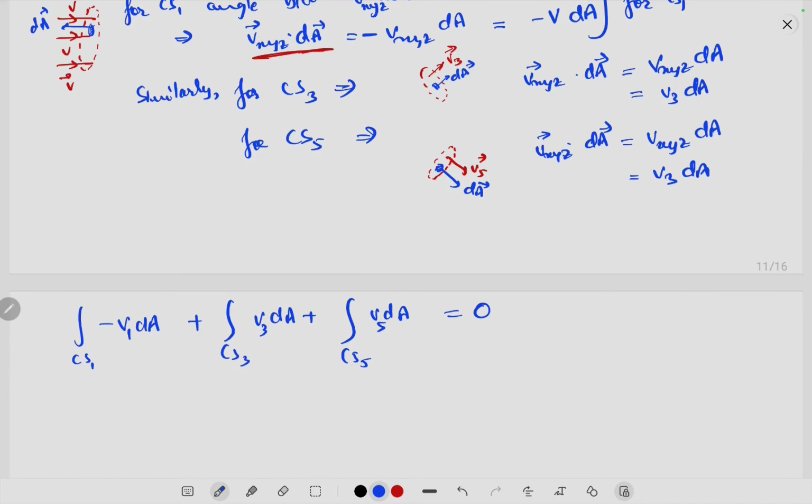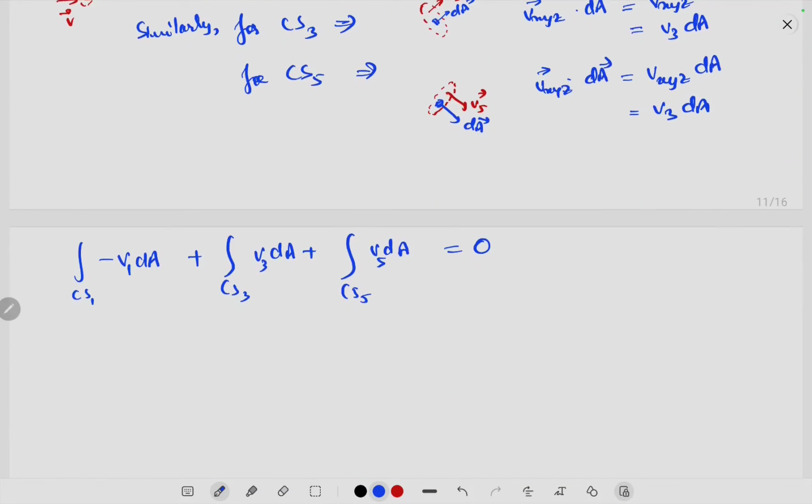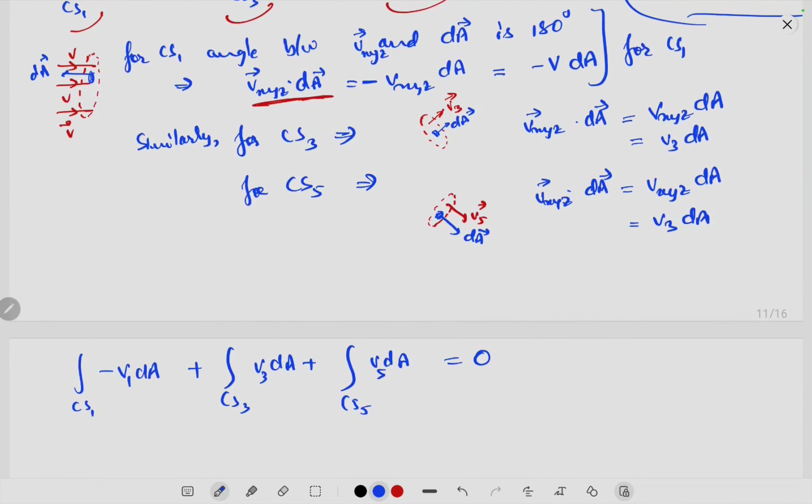What we wanted to find was, the velocity vectors are V2 and V3.